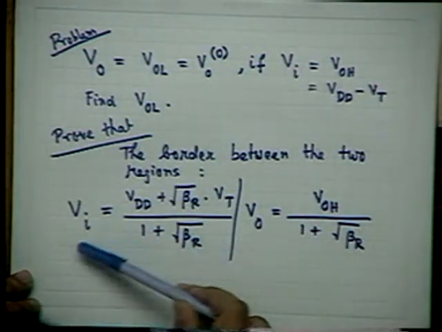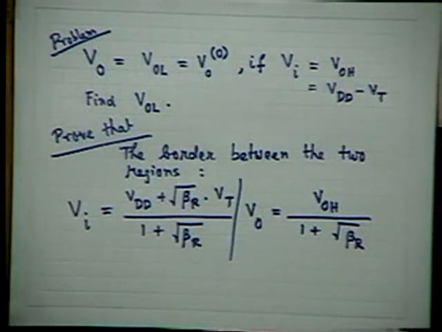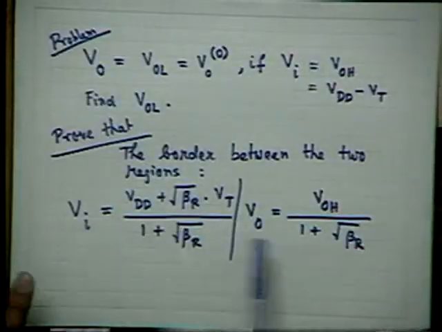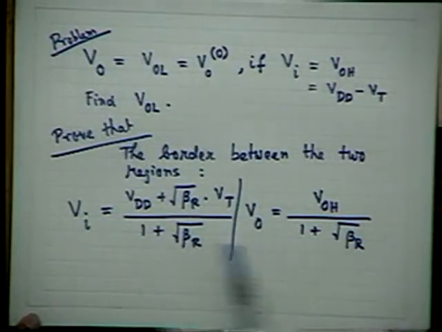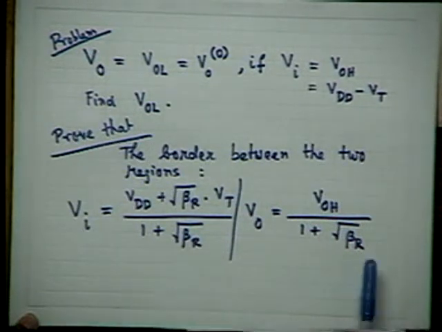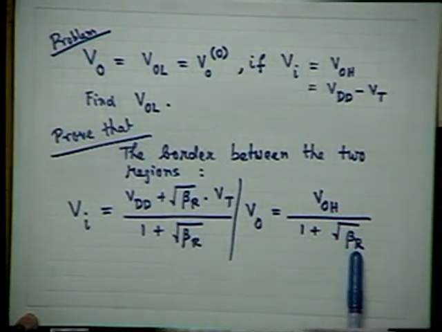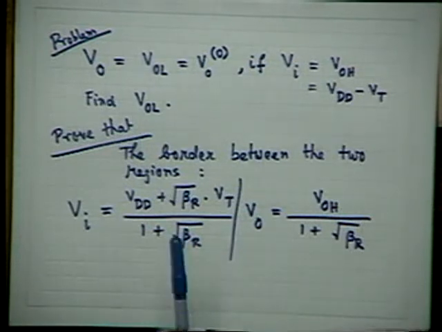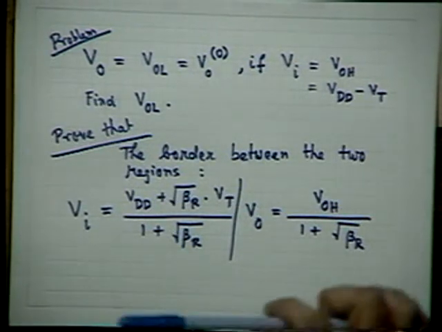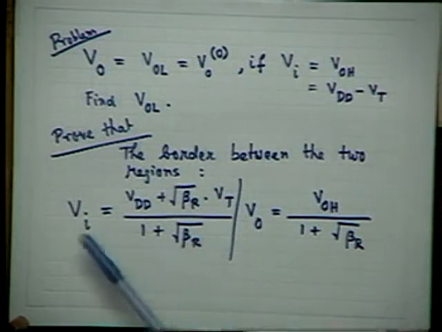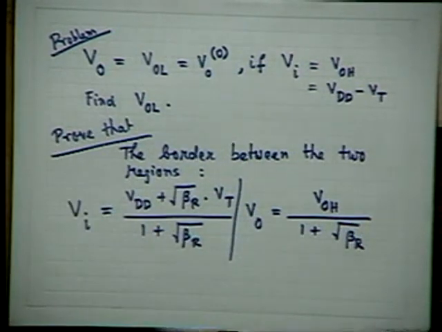As we shall see, this is a very important thing. To obtain the shape, the position, to adjust the noise margins of the MOSFET, these two equations are very important. You see that they are very much dependent on the value of beta R. You note that if beta R is very high, then the border will be at a much lower VO, and the same thing is repeated for VI.